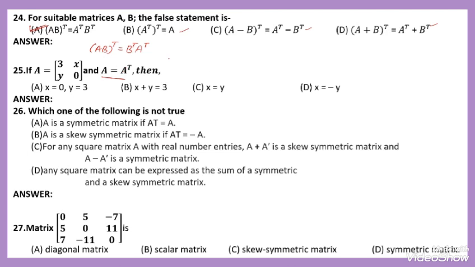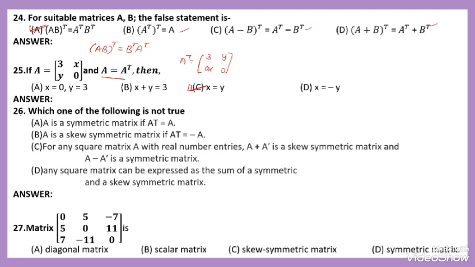While taking the A transpose of this matrix, it should be 3, y, 0 and 3, y, x, 0, changing the rows into columns. Then the values here, x becomes y and y becomes x. Therefore, option C is correct. When x is equal to y, then it is possible.